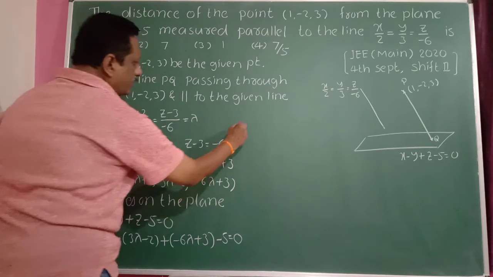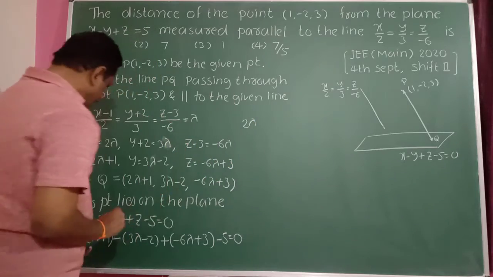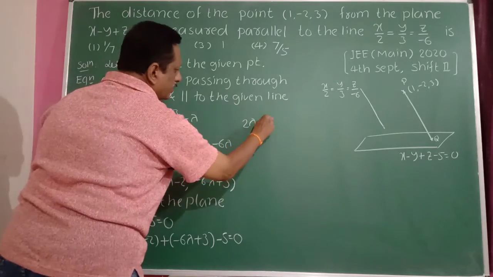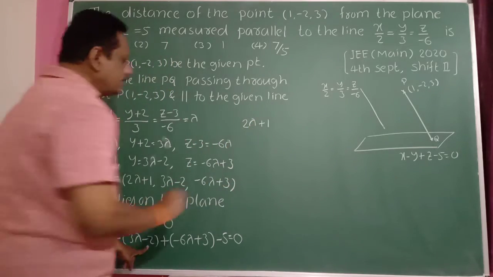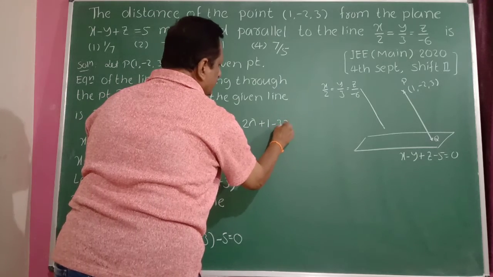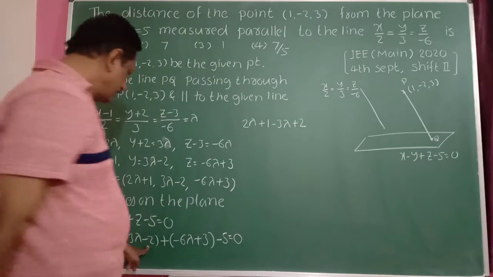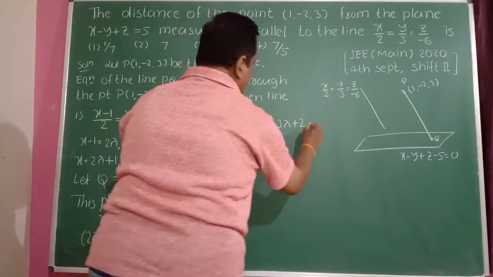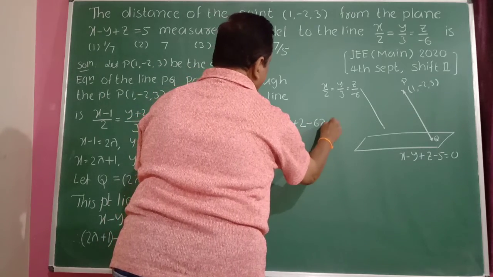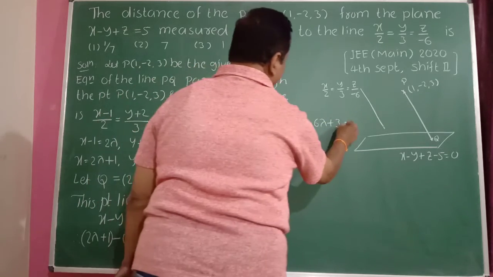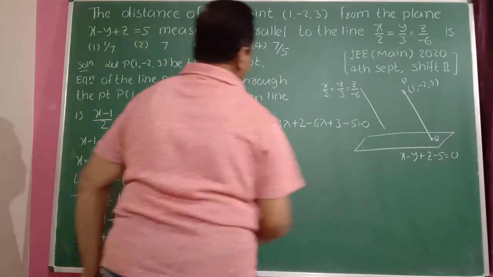So (2 lambda + 1) - (3 lambda - 2) + (-6 lambda + 3) - 5 = 0.